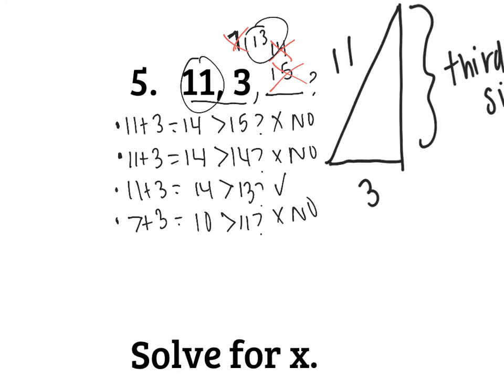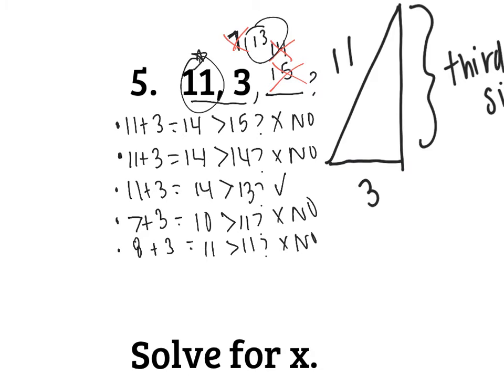That means that 6 plus 3 would be 9. That would also not be bigger than 11. Let's try 8. 8 plus 3 is 11. 11 is not bigger than itself, though. And we want it to be bigger than 11. So now we have to realize that our range must be between 9 and 13.